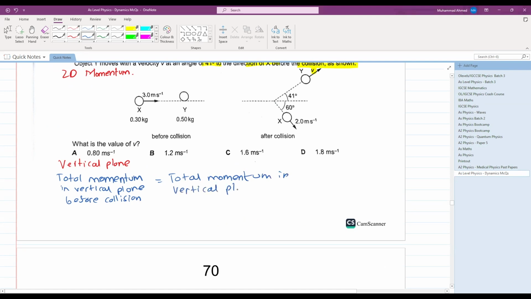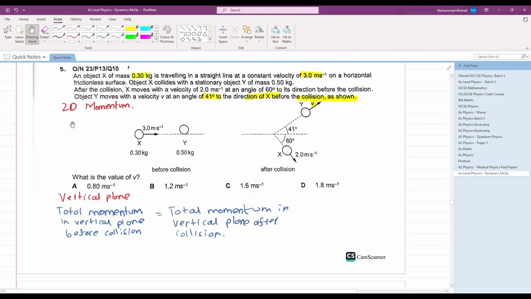Now, what is the velocity in the vertical direction before collision? Zero. So the total momentum in the vertical direction before collision will be zero.